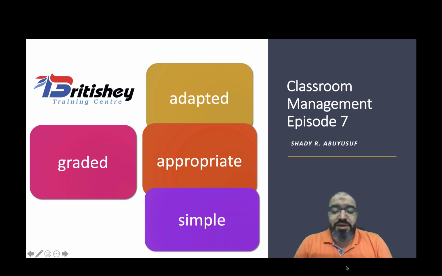But why would you say something like, okay, I would be really grateful if you could go to page 9? That's a very complicated structure here. And think about the word grateful. Do you think that a student at a lower level would be able to understand the word grateful? So again, that's how you need to think about your own language in a classroom.